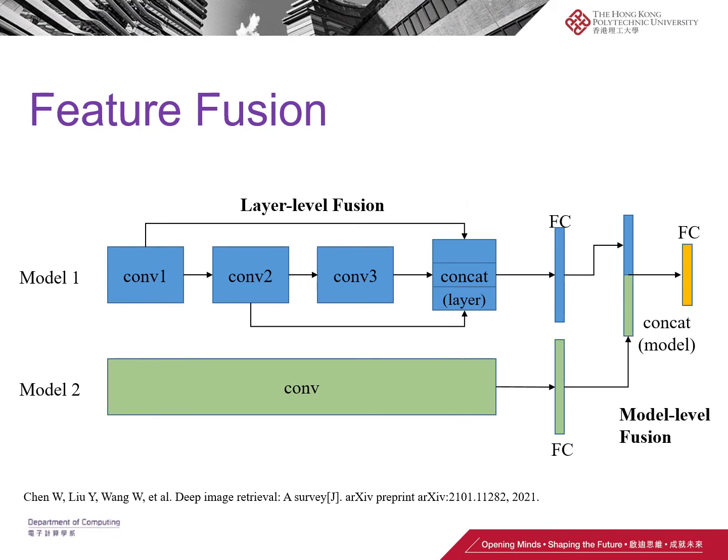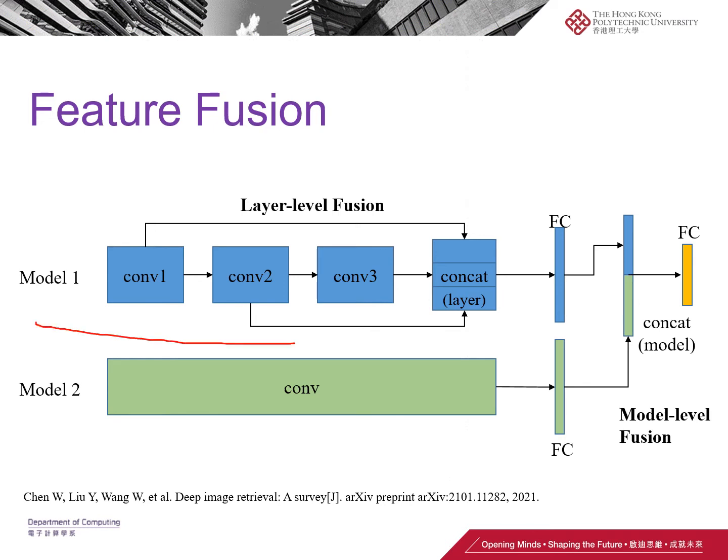Okay, the last method we're going to introduce is feature fusion, for methods which don't change the parameters of the neural network. This is the last one, feature fusion, because different models focus on different aspects of an image.